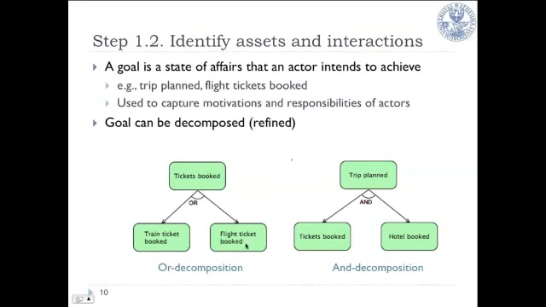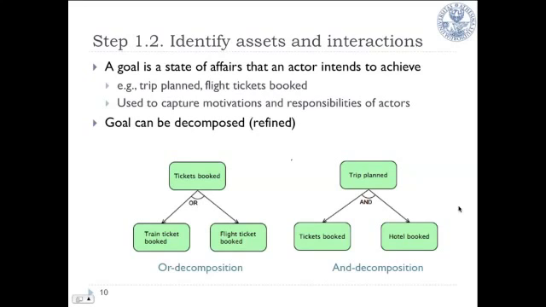The first one is through OR decompositions, which capture alternative ways of achieving the goal, meaning that in order to have tickets booked, the travel agency would either book train tickets or book flight tickets. This OR decomposition is under the assumption that the destination could be reached in both ways.